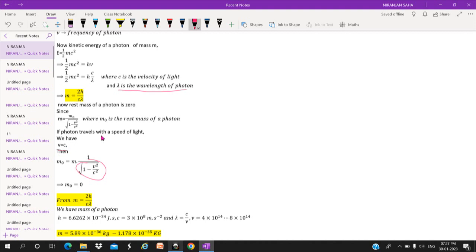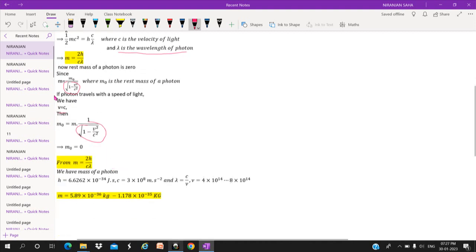So when the photon travels with the speed of light c, this term needs to be 0, which reflects through relativity that m0 must be 0.